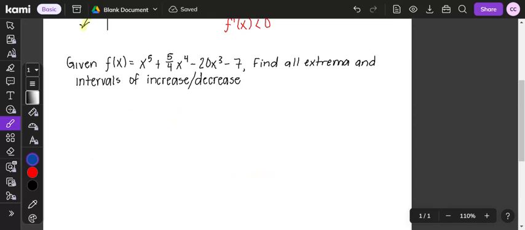So in one of the previous videos, you learned that, first of all, if this function is continuous, that means there must be at least one maximum, so one hill, and one minimum, so one valley. So first of all, I know that f of x is a polynomial, and I know that all polynomials are continuous.